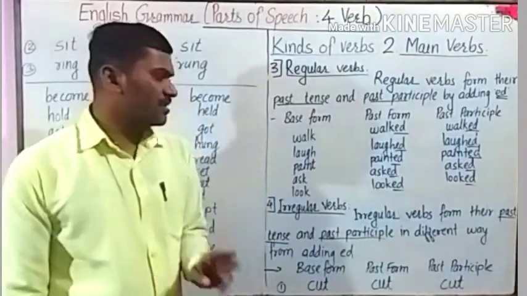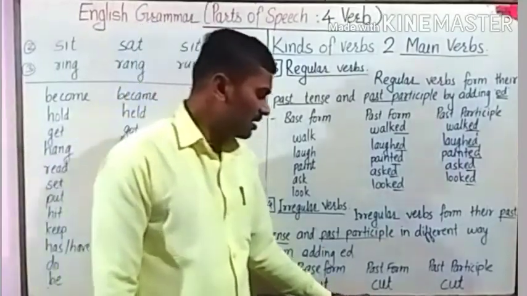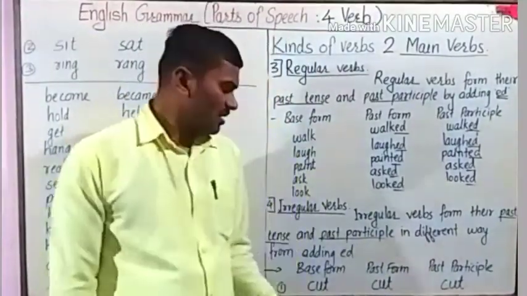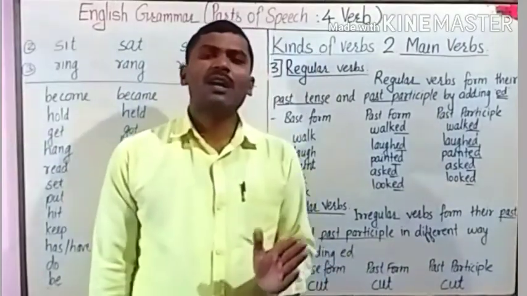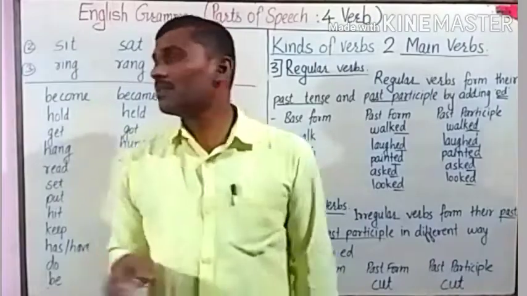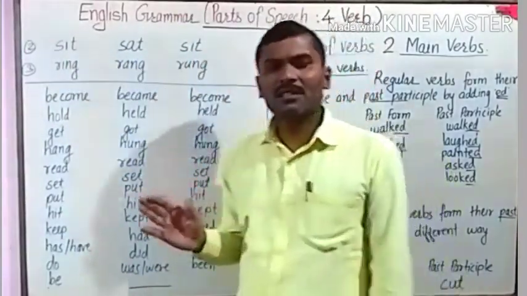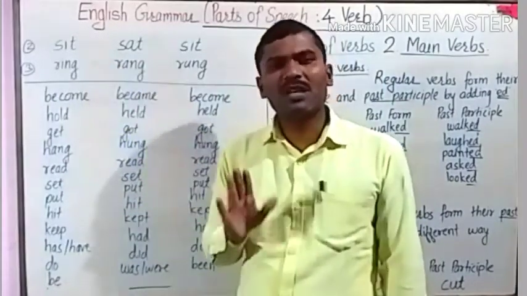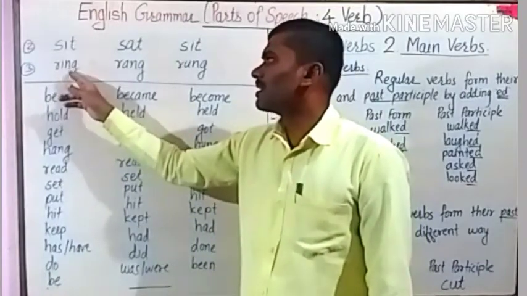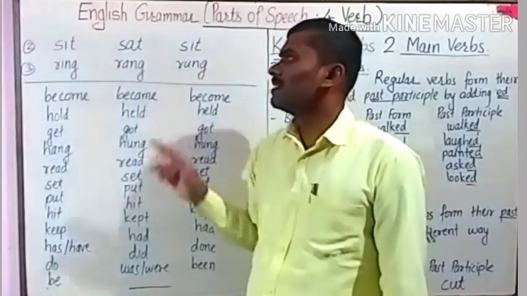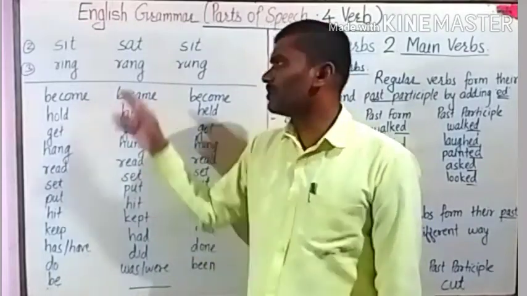There are three patterns of irregular verbs. First pattern is cut, cut, cut. It means all forms, base form, past form and past participle form, are the same. Second, sit, sat, sit. Here two forms are the same but one form is different. Third, ring, rang, rung. Here all three forms of the verb are different.